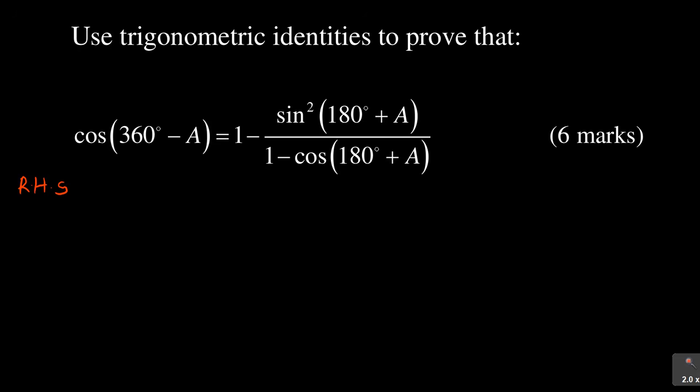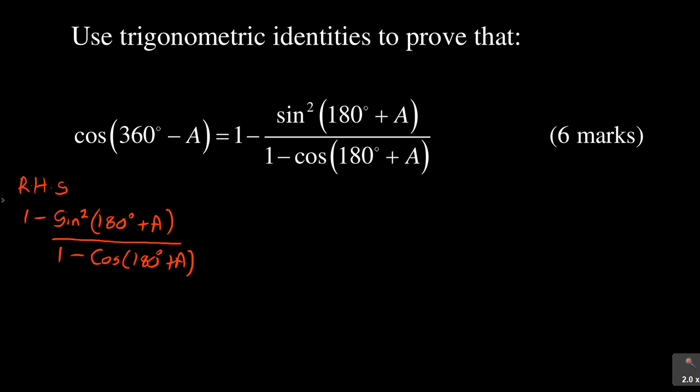What we are given on the right hand side is 1 minus sine squared of (180 degrees plus A) all over 1 minus cos(180 degrees plus A).